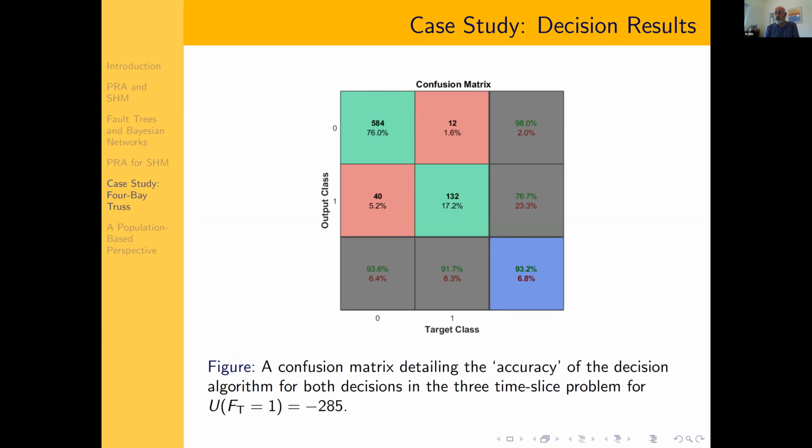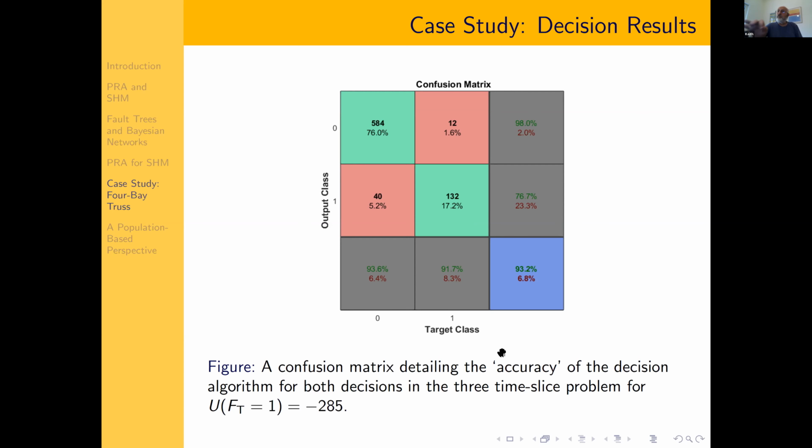Instead of saying we go into the diagonal if true class 1 gets predicted as class 1, we build this decision confusion matrix by saying we add 1 here if we made the decision do nothing when we should have made the decision do nothing, when the system was undamaged. And we make the decision perform maintenance when we should have performed maintenance, when the system was damaged.